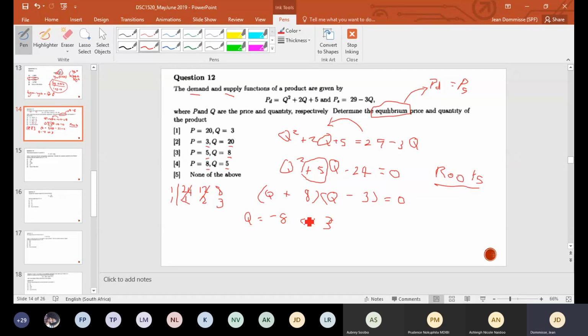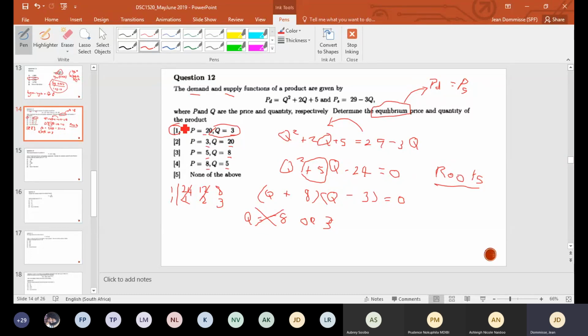Okay, so then you can't really have a negative production. So then I'm seeing, okay, q there is 3. So I would automatically have said, okay, that's my answer. I don't need to look at how to work out the p.